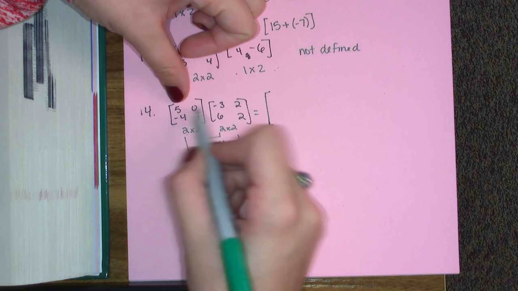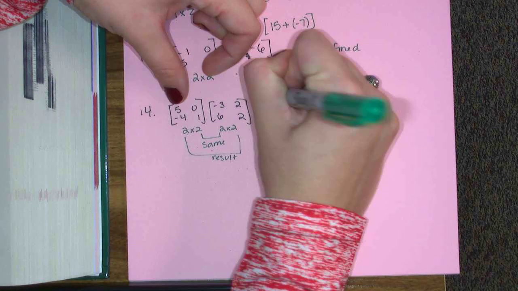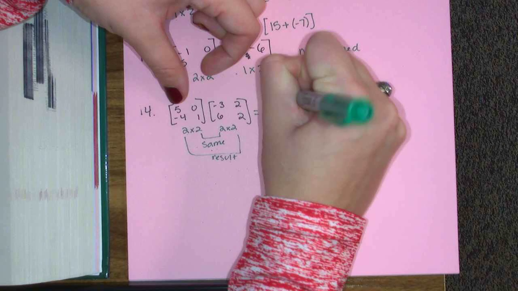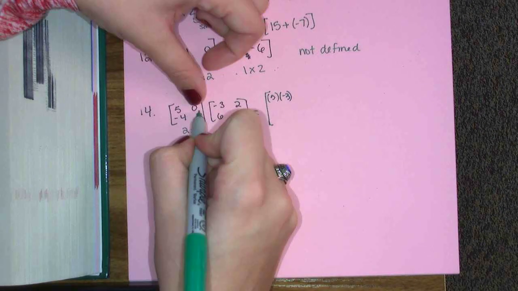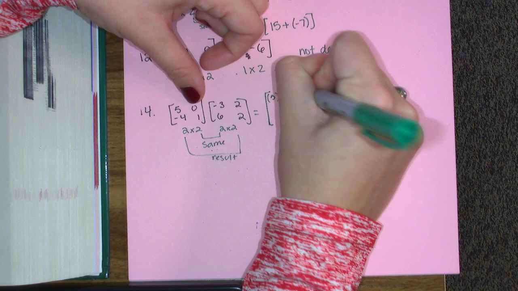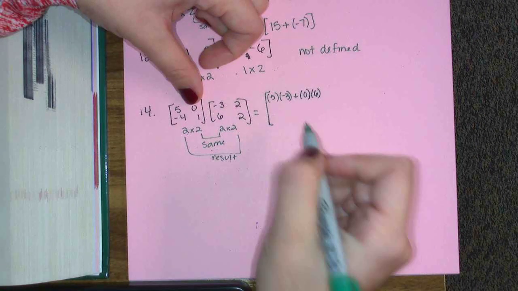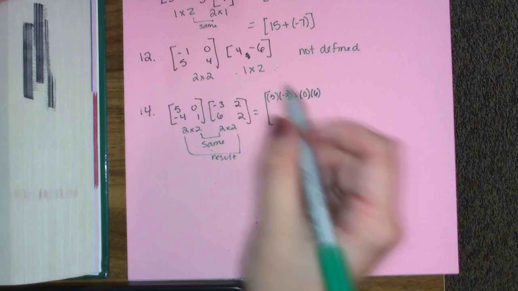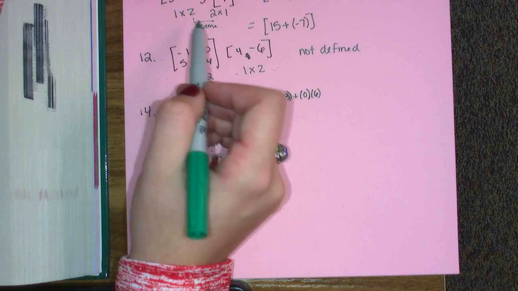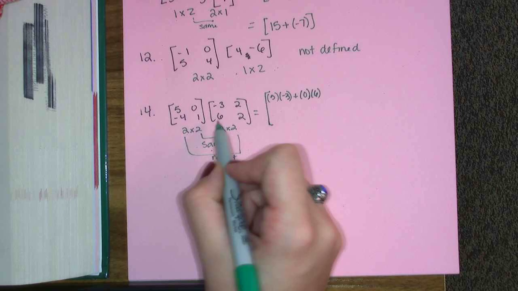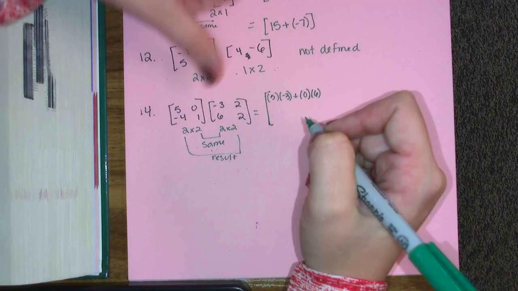So it's going to be 5 times -3, and then you're going to do 0 times 6. I'm writing everything out. You need to show this step written out when you're doing one like this. If it's a short one like the one we did up here, you can just do it. But if it's something like this, you have to write it out.